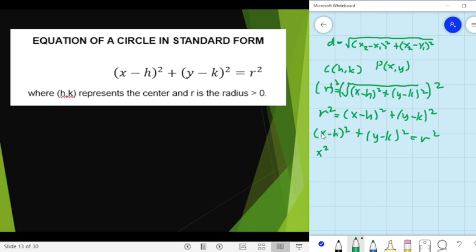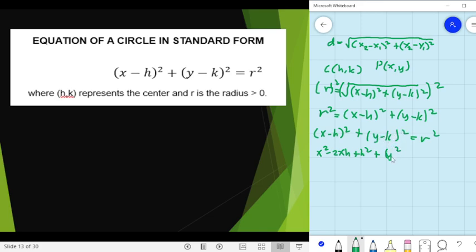The product of x times negative h times 2 is negative 2hx, plus h squared, plus y squared.